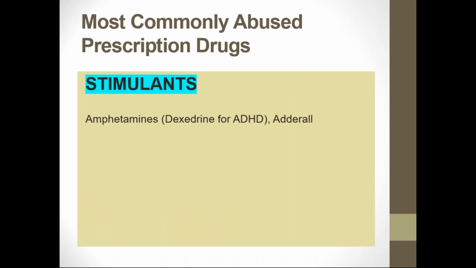Here we have stimulants, and here we have amphetamines. Remember that a minute ago I talked about illegal drugs and methamphetamines? But here we have prescription drugs, and we have amphetamines like Dexedrine for attention deficit hyperactivity disorder, and Adderall. Adderall is another stimulant or amphetamine that, lately, actually, there's a documentary on Netflix about, if you're interested.